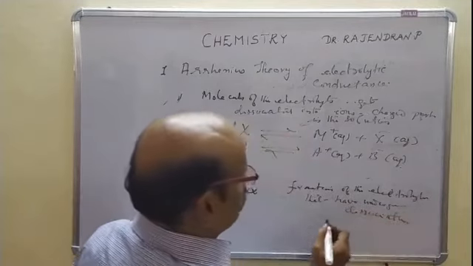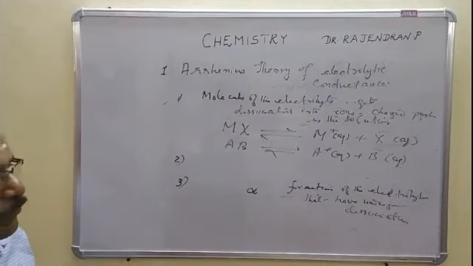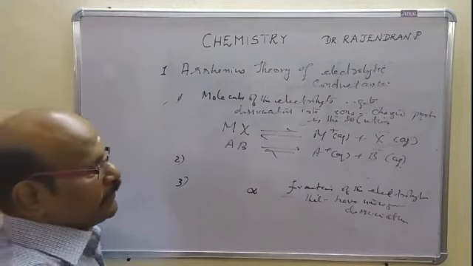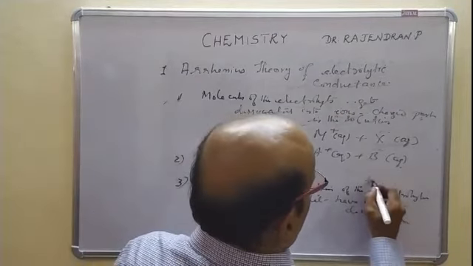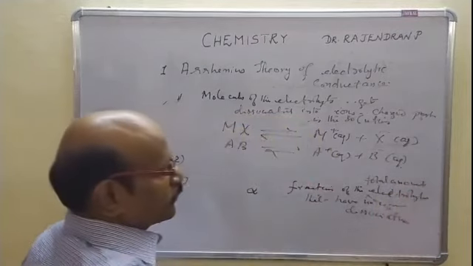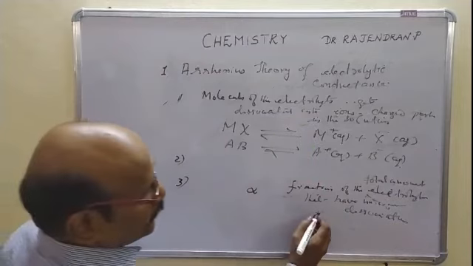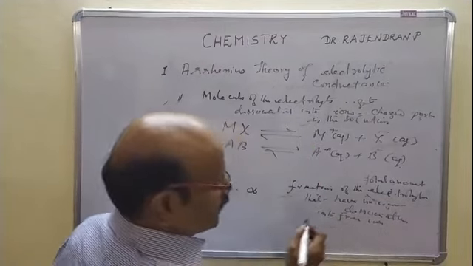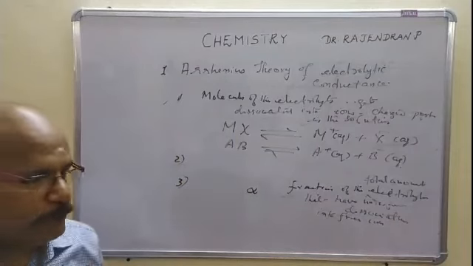So the degree of dissociation alpha of an electrolyte is an important quantity in conductance, which is defined as the fraction of the total amount of the electrolyte that has undergone dissociation into free ions. It is expressed as a decimal or percentage.